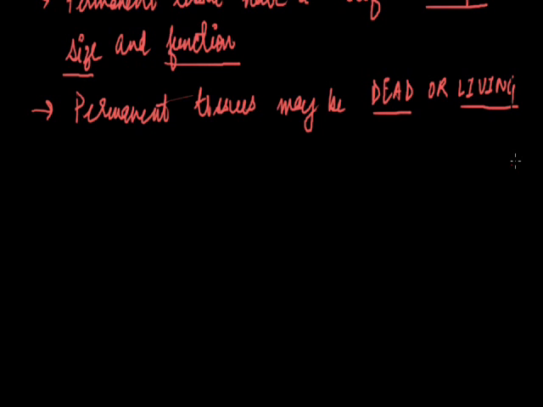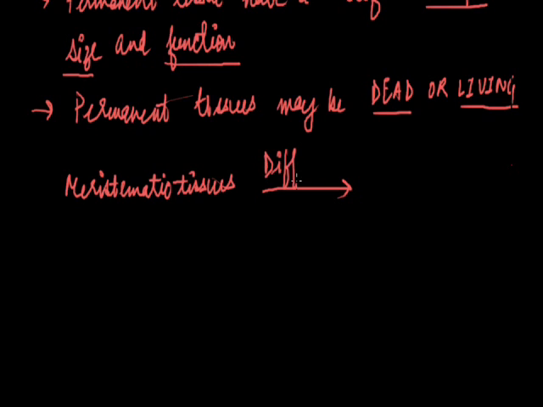The division and differentiation of the cells of meristematic tissue give rise to permanent tissue. Meristematic tissues divide, or we can write differentiate, and give rise to the permanent tissue.